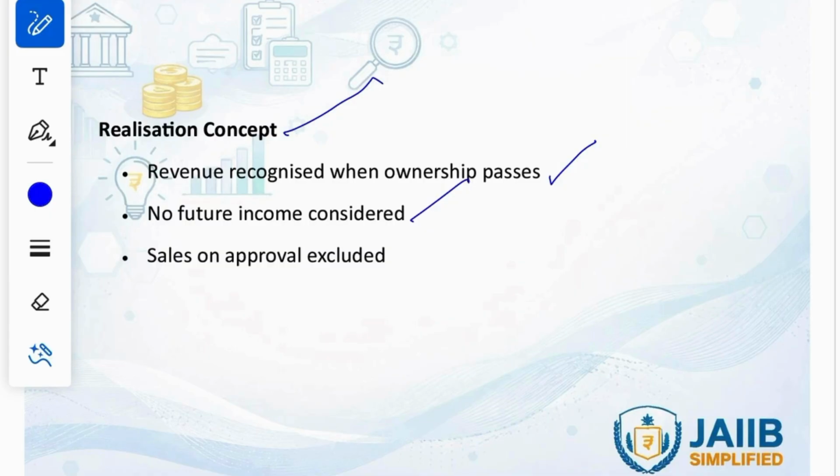Anticipated income is ignored until earned. This prevents overstating of profits, and you can avoid double entry also. The realization concept tells us revenue is considered only when ownership passes to the other person. Sales on approval also excluded.